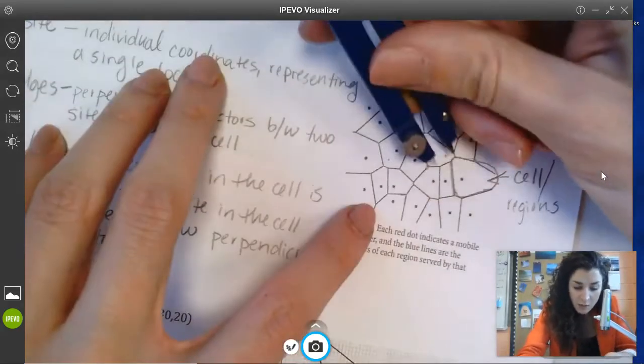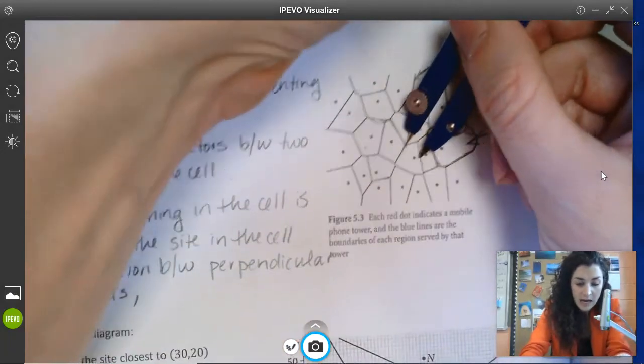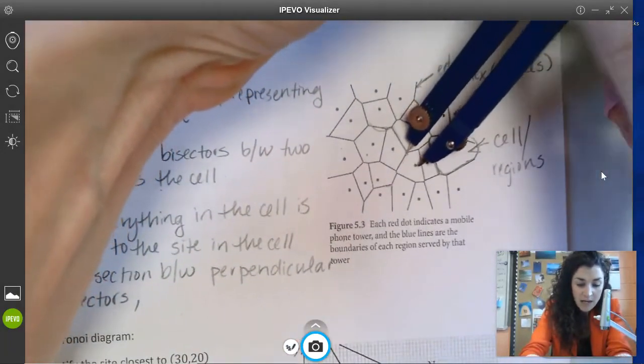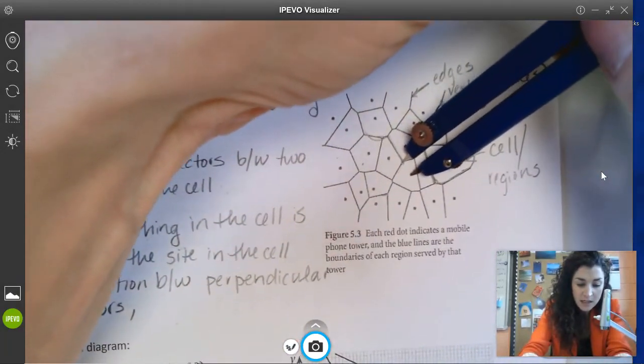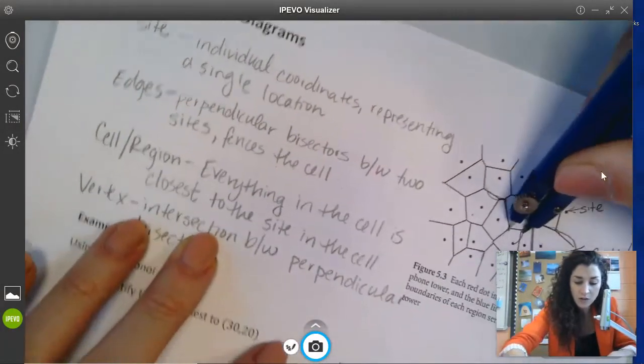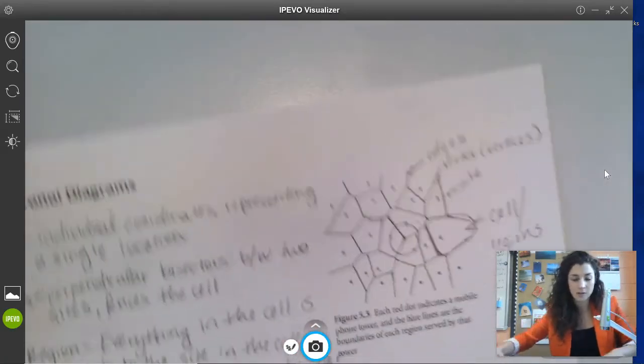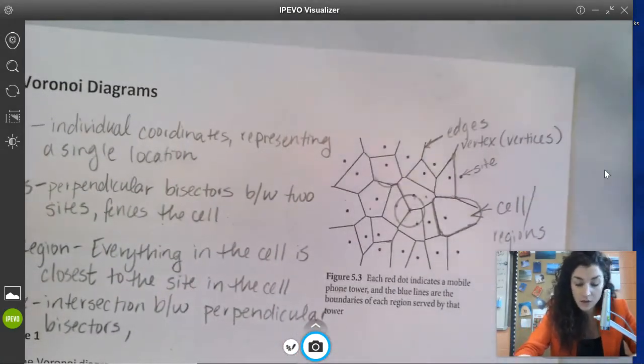If I center my circle at the pointy part, the vertex, and make my radius the distance between the vertex and the site, I could draw a circle, which I just did.